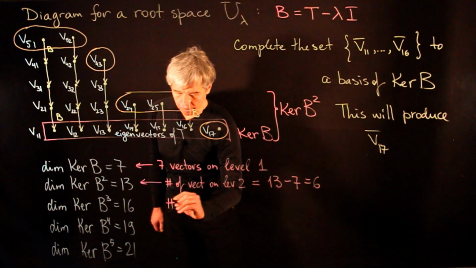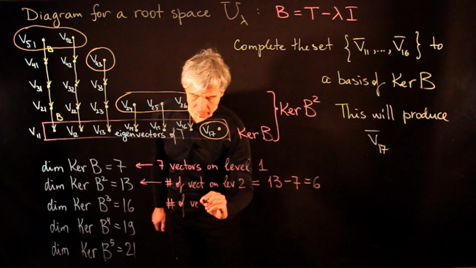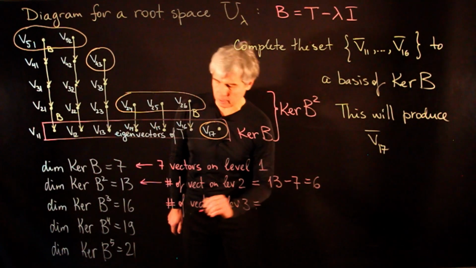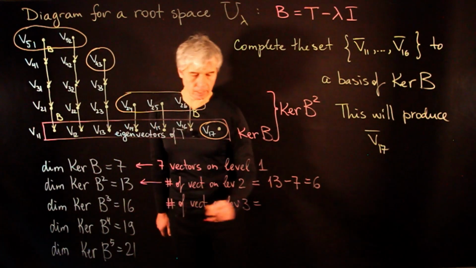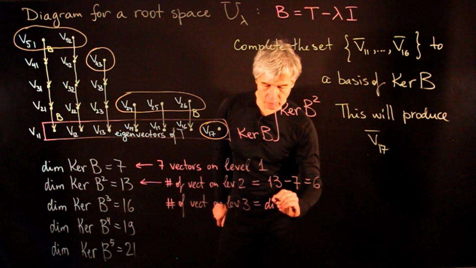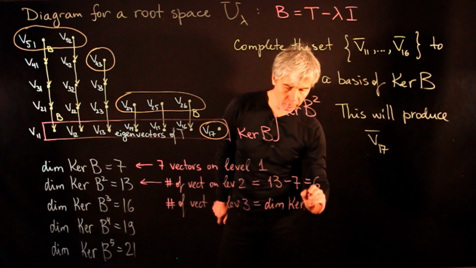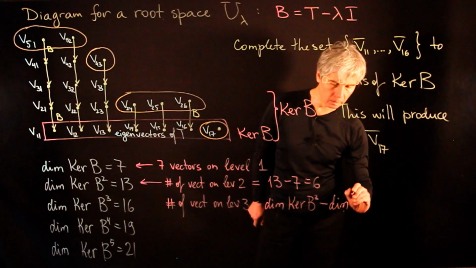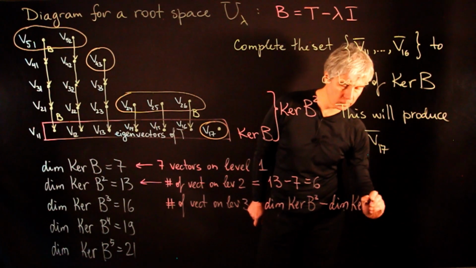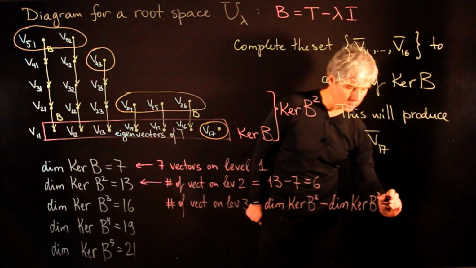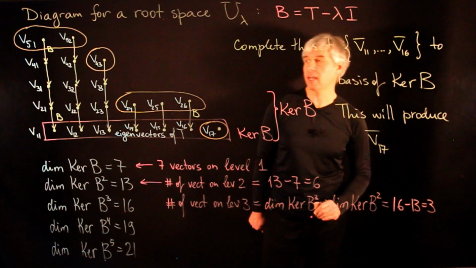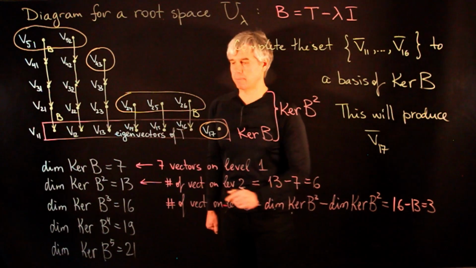And then the number of vectors on level 3 is the dimension of the kernel of B cubed minus the dimension of the kernel of B squared, which is 16 minus 13. So this gives us 3 vectors on level 3.